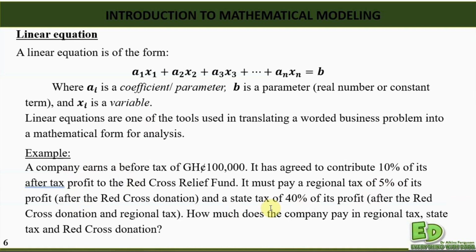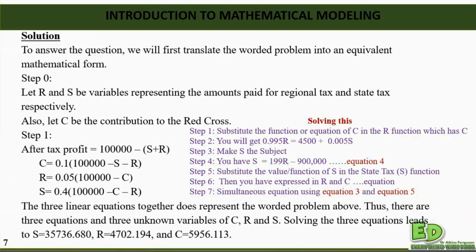How much does the company pay in regional tax, state tax, and Red Cross donation? Right. So this is how the question is being formulated mathematically to find what the question requires of us.